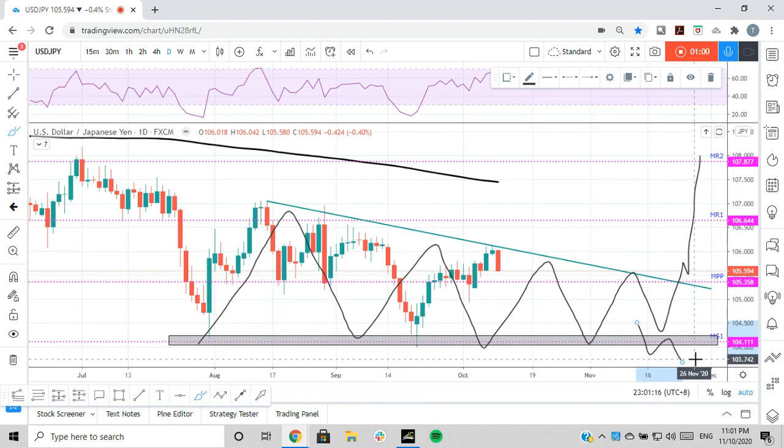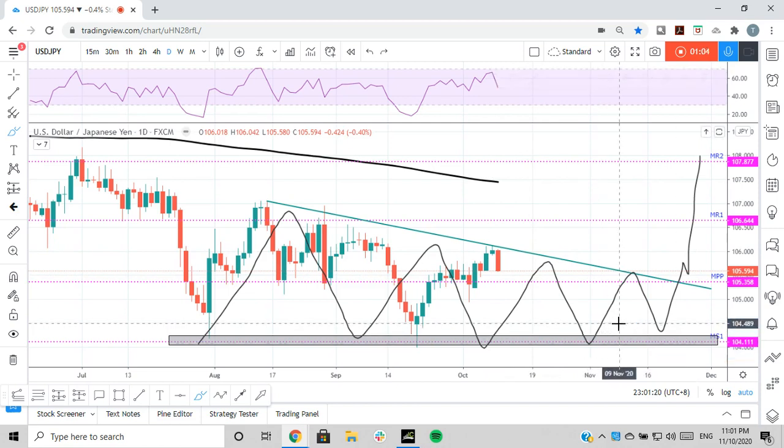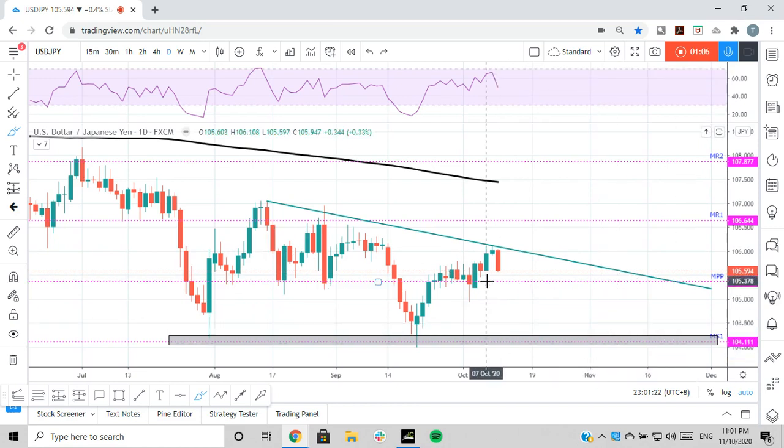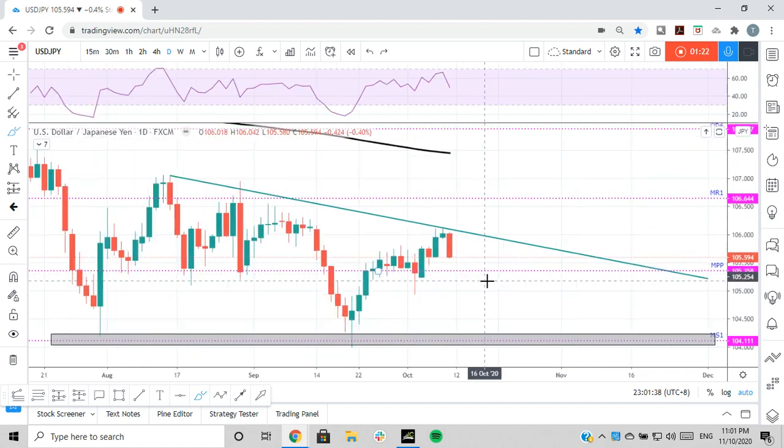For now, don't worry about this move here, because we're still quite far away. Most probably USD would be in consolidation, because I have told traders many times before that because the election is upcoming, we might be seeing some sort of consolidation for USD, maybe all the way up to the election phase. So just take note of it.